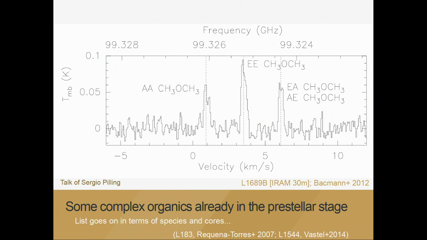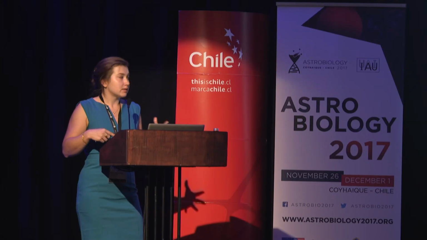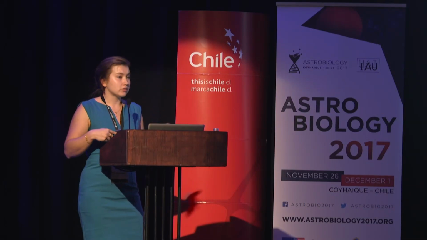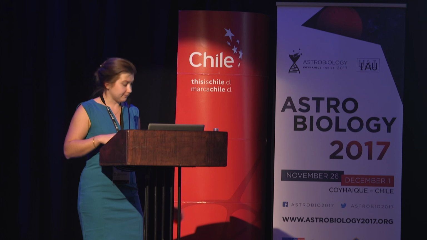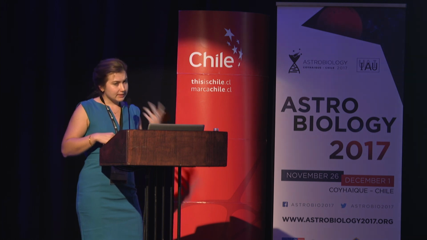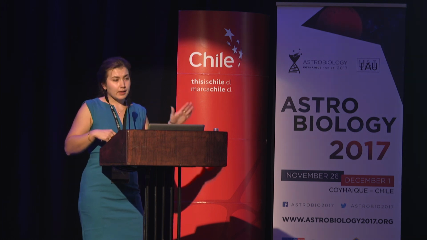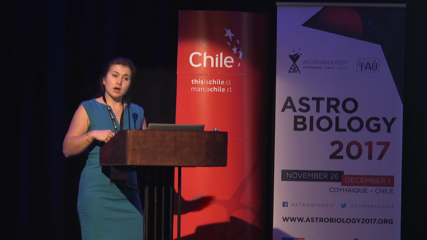And I think Sergio will speak about the different mechanisms that there may be for generating such complex molecules, even already at these extremely simple conditions in terms of chemistry, that are still really cold and really dark, so shielded from UV photons.